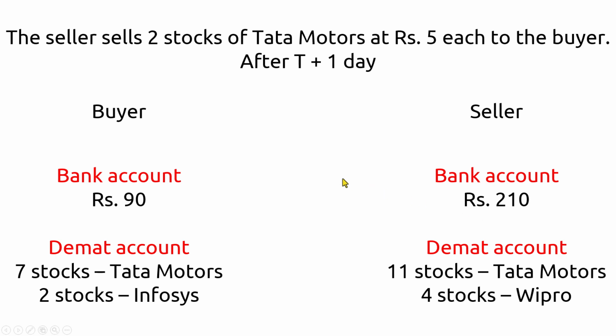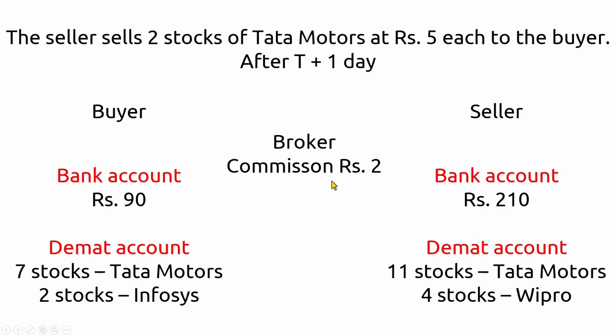Because they need to pay a commission to the broker. Alright? Let us say that the commission that the broker takes for a transaction is 2 rupees. For the same transaction, the buyer has to pay 2 rupees and the seller has to pay 2 rupees.